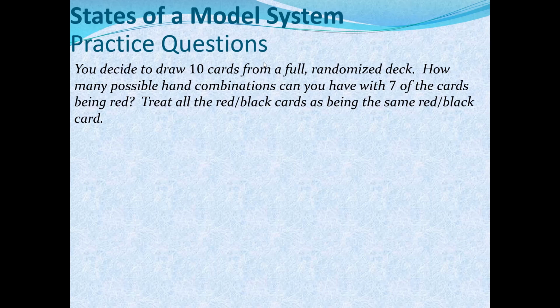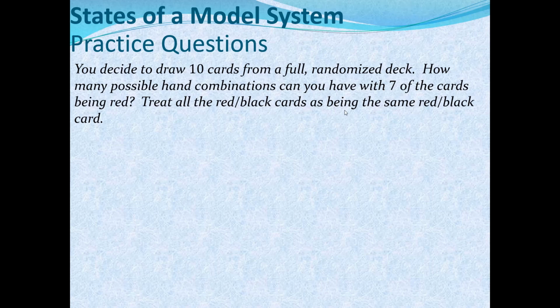Alright, so here we're going to set N equal to 10, and instead of talking about particles being spin up or spin down, we're going to use cards and do reds and blacks. Those are going to be our ups and downs. Again, as long as we have a binary setup where it can be either one scenario or another, this is going to work.